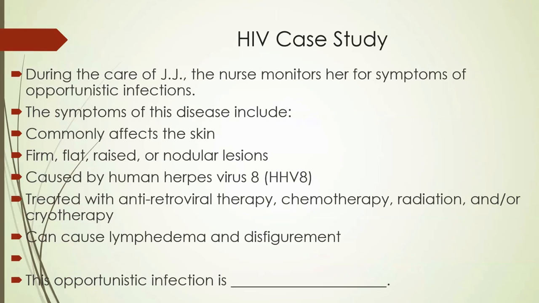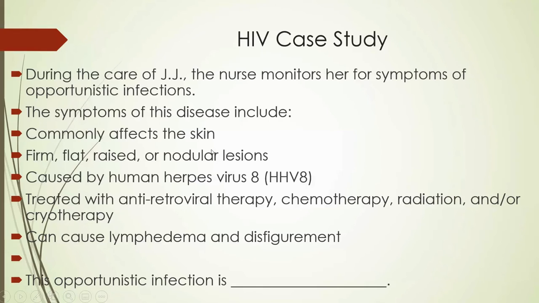Well, we looked at a picture of it earlier. It's a two part name. Yep, Kaposi sarcoma. Some things that give it away: firm, flat, raised, or nodular lesions on the skin.